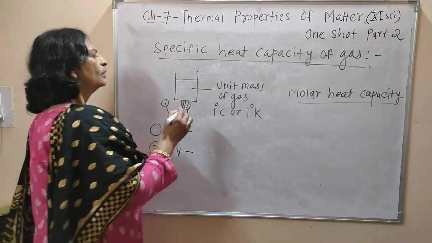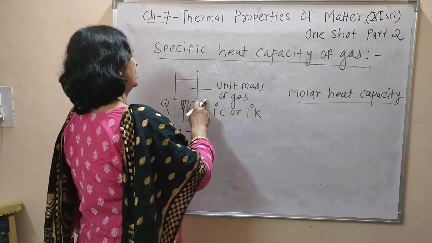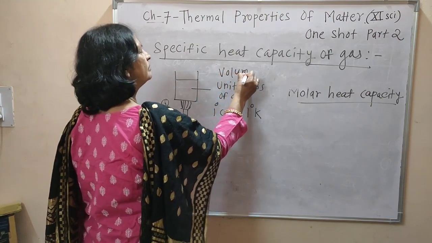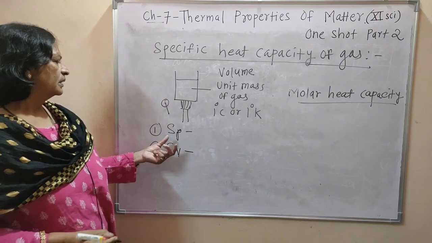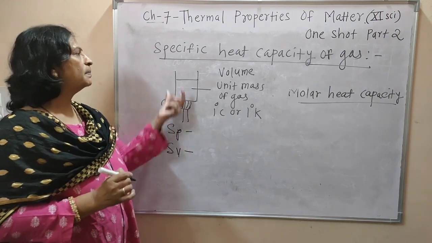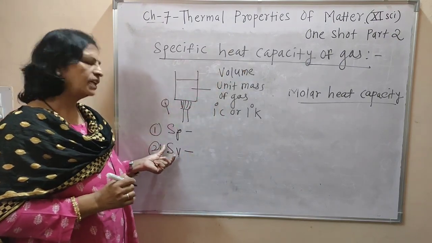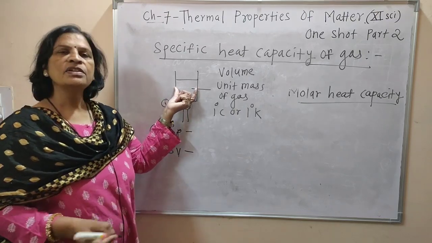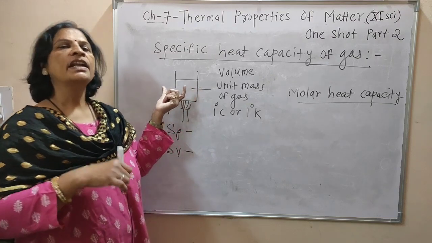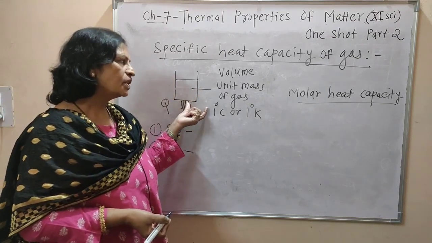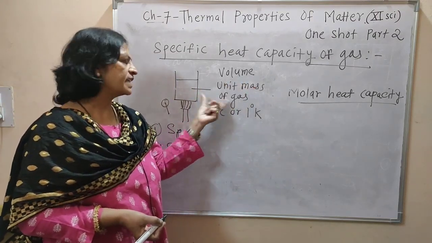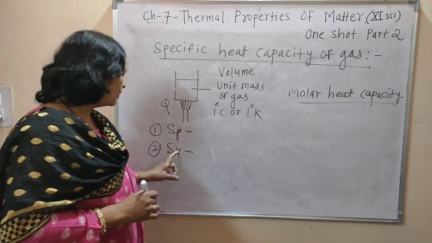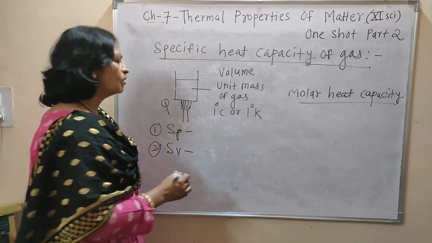Now we have to define the specific heat capacity at constant volume. Then only you have to change the condition. For that purpose, you have to keep volume constant. Therefore, the specific heat capacity of a gas at constant volume is defined as the amount of heat or quantity of heat required to raise the temperature of unit mass of a gas through 1 degree Celsius or 1 degree Kelvin when its volume is kept constant.